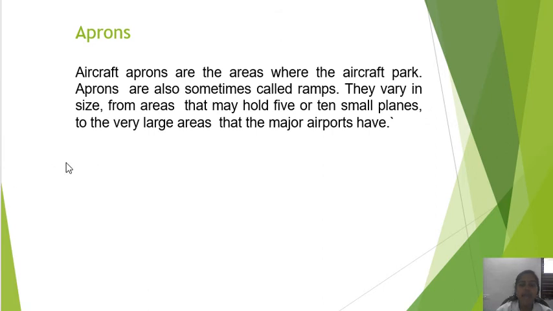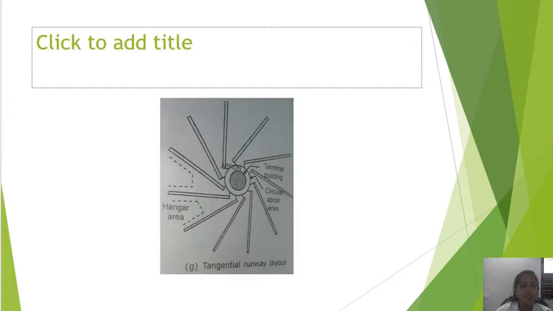Then aprons. The aircraft aprons are the areas where the aircraft park. Aprons are also sometimes called ramps. They vary in size from areas that may hold 5 or 10 small planes to the very large areas that the major airports have. Already I have shown this typical airport. I have shown the apron area, that is the parking area.